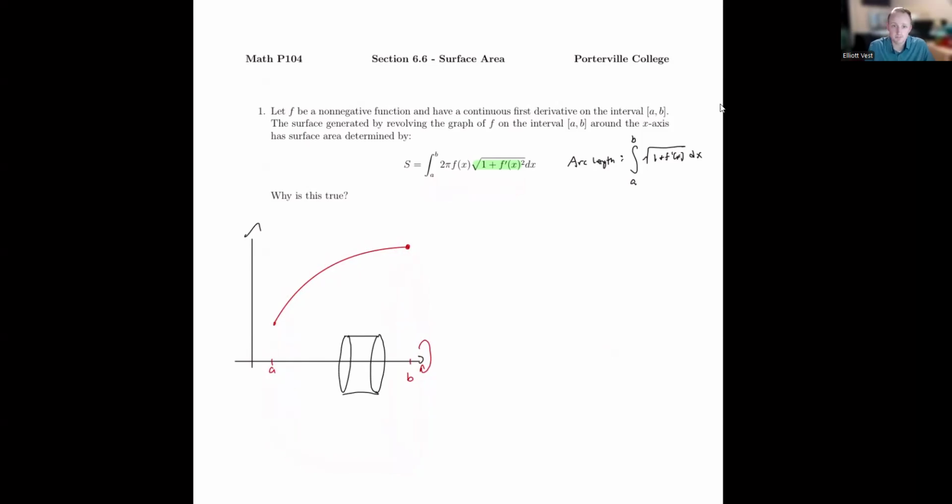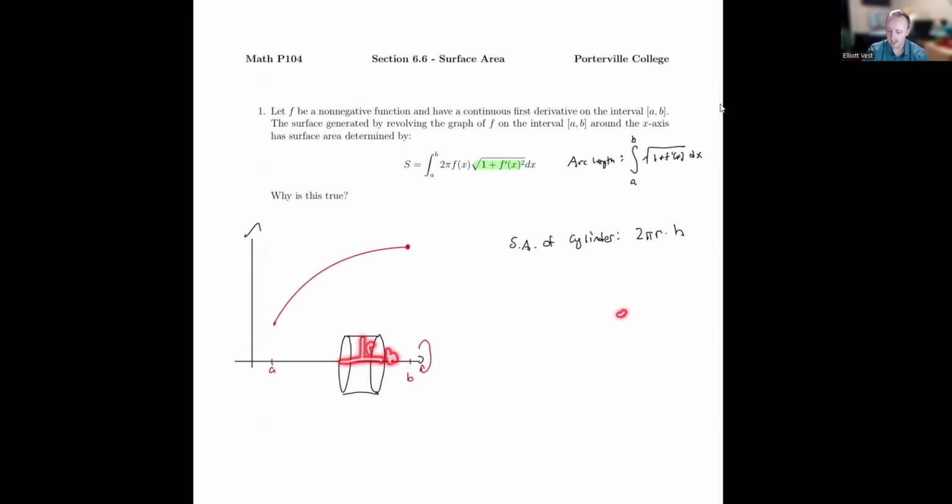And if you look it up online, the surface area of the round part of the cylinder, not the two faces, but the round part, is 2 pi r times height, where r is going to be this, and height is going to be whatever the length of the cylinder is, like so.